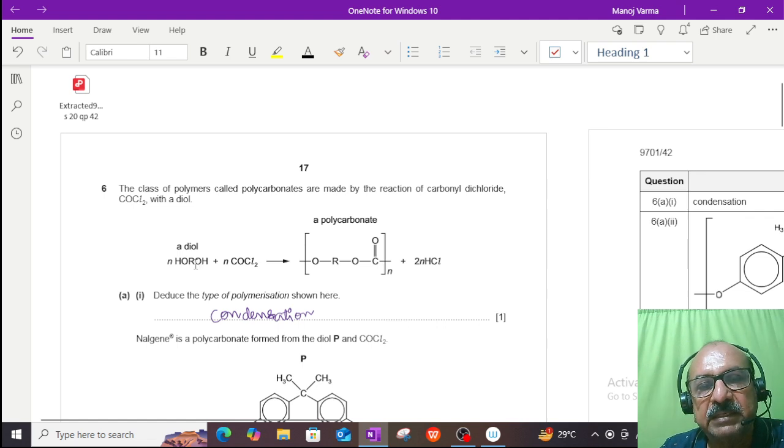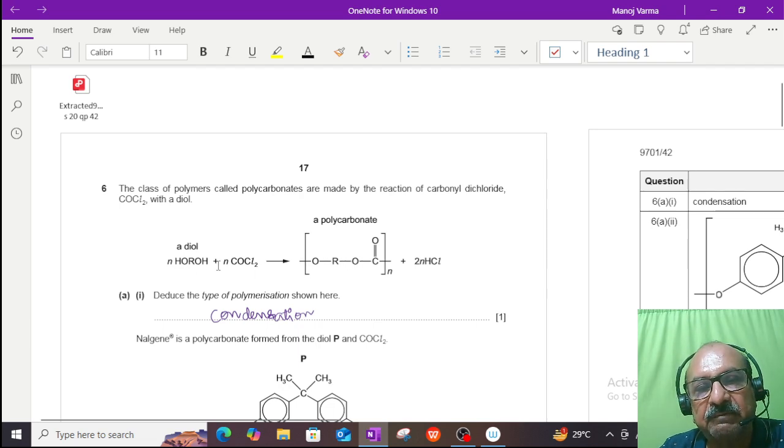Diol means that it has got two OH groups, and this is carbonyl dichloride, and this polymerization takes place in such a way that the hydrogens and the chlorines condense to form hydrogen chloride, and this reaction takes place on both the sides of the OH groups, so that this unit can be polymerized.